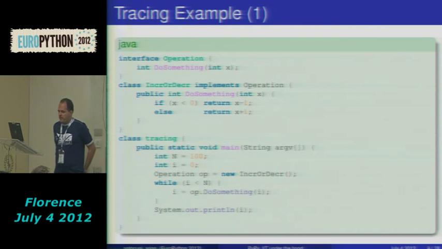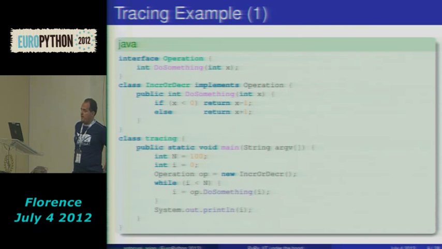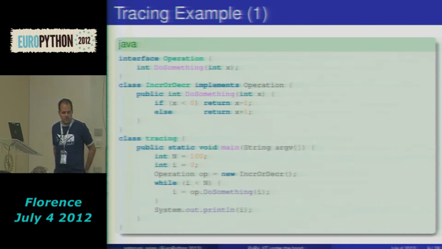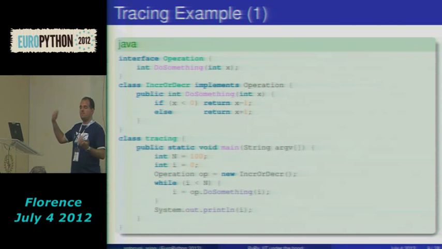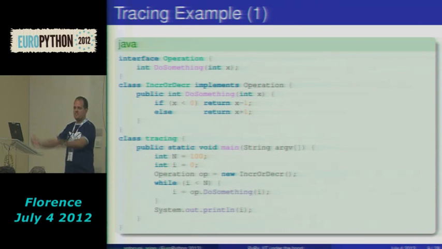So now we do a more concrete example of what tracing means. I chose to use Java to avoid confusion, because in PyPy we use, as I said, RPython, which is our low-level language, to implement Python, which we call app-level Python. But the syntax is the same, so if I just show you some Python code, you might be confused and think it's app-level code.